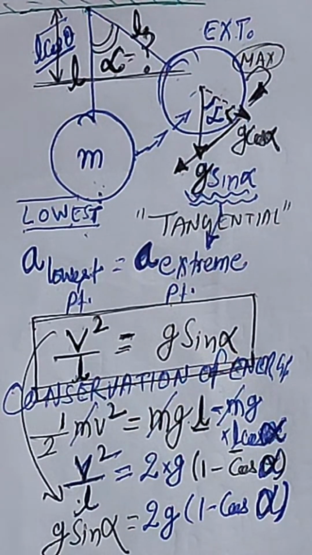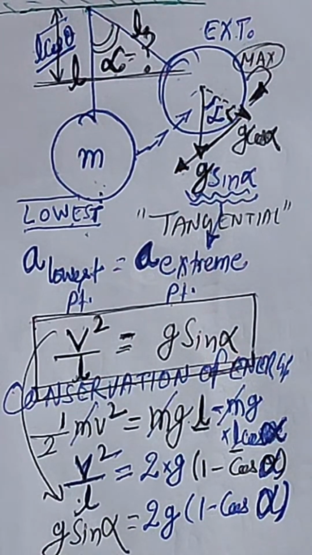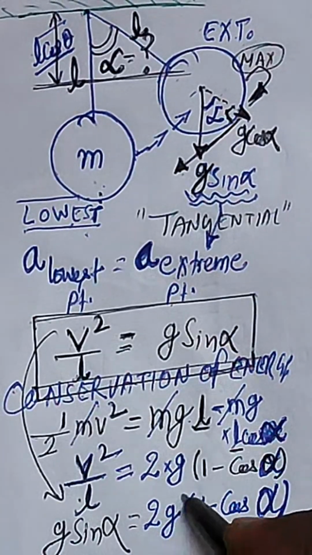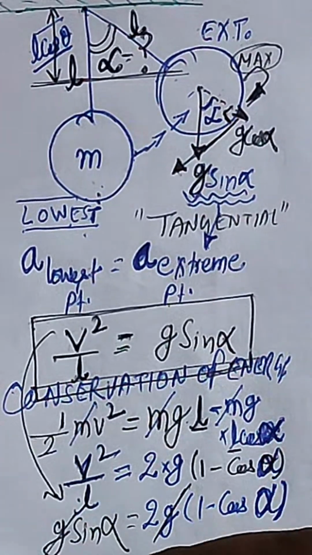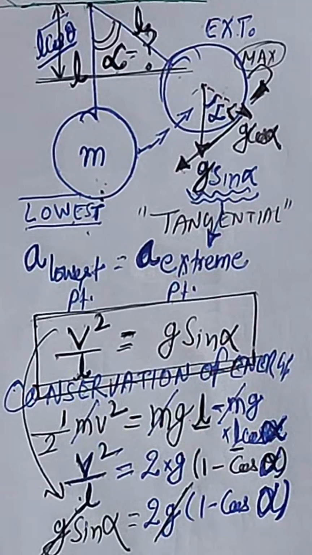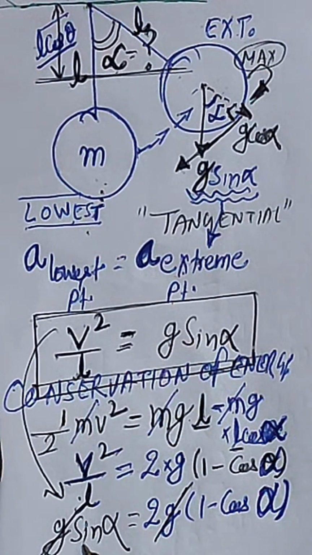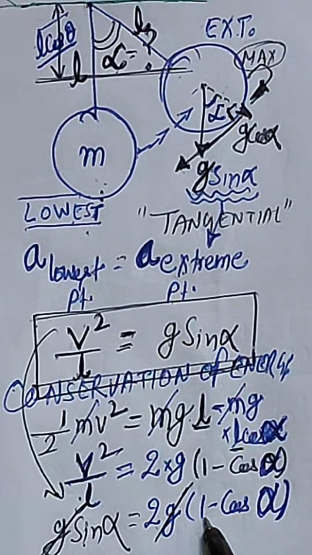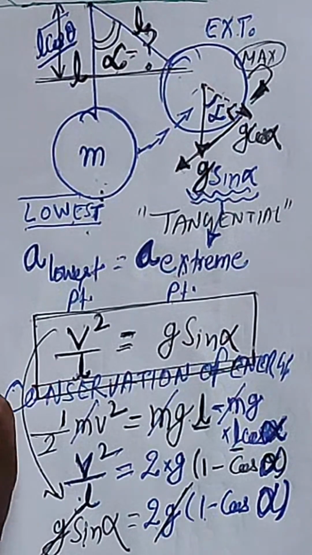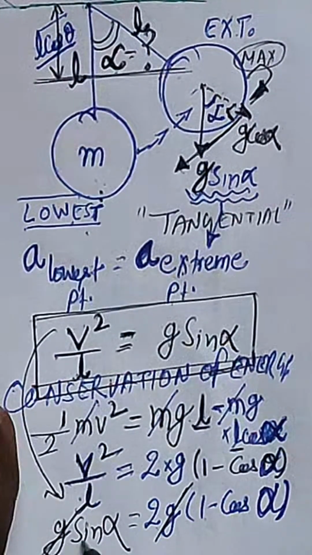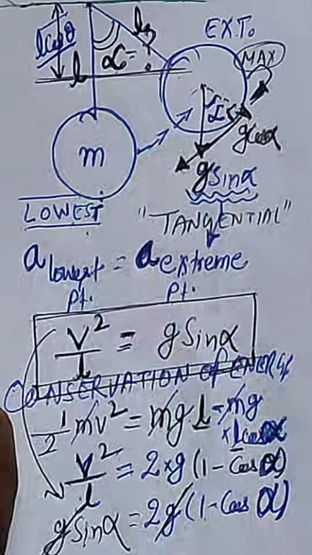So from here you can see g is cancelled out, right? We are left with sin alpha equal to 2 minus 2 cos alpha.